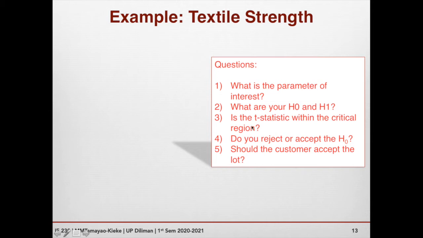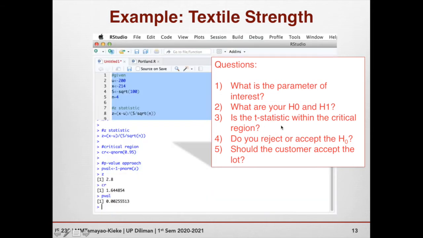Now, is the test statistic within the critical region? Let's see. Here, we just used R to compute the z-statistic, using the formula that I showed you in the previous slide. I also computed the critical region, where I just used the qnorm function in R at 0.95.